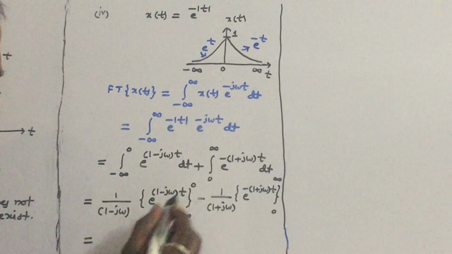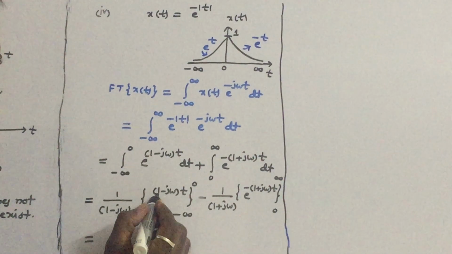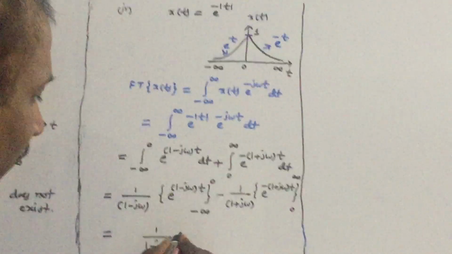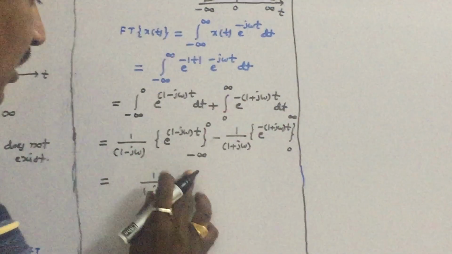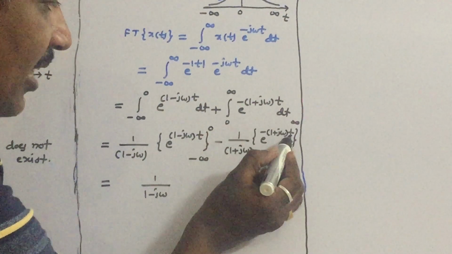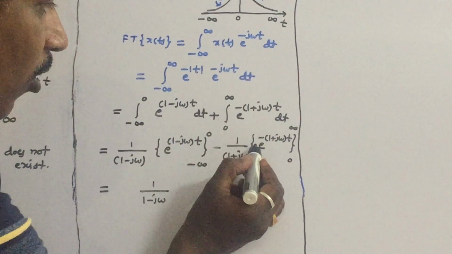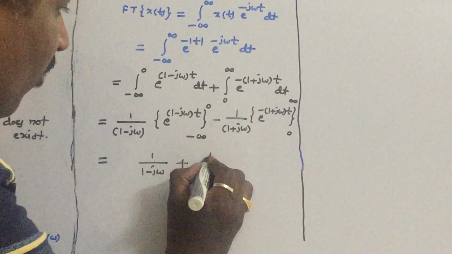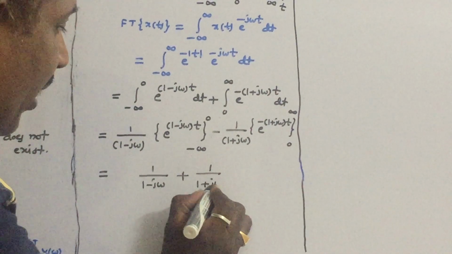So let us find out what the answer is. Upper limit e power 0 is 1. The lower limit will become 0. It will become 1 by 1 minus j omega. Then minus: if you substitute the upper limit, e power minus infinity is 0. If you substitute the lower limit, e power 0 is 1. Minus into minus will become plus. So therefore 1 by 1 plus j omega.